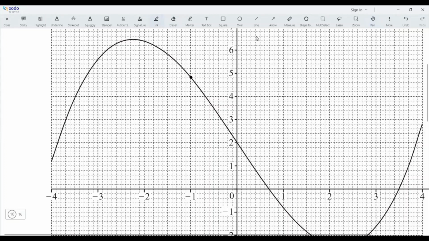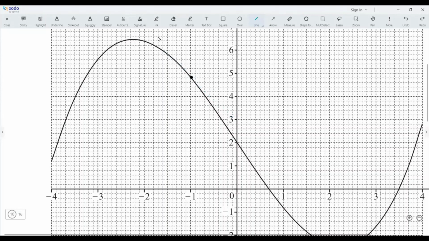And now draw a line which is touching this curve, and then we will have a straight line, and then we can estimate the gradient of that straight line. So I'm drawing a line, not like this.